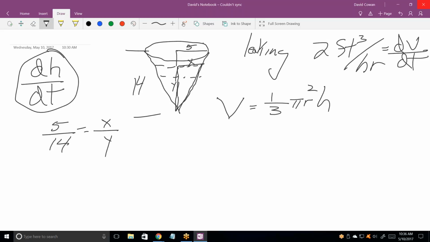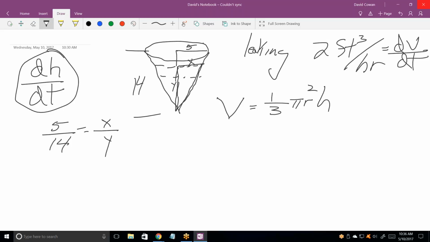The height's going to be 6. So then I need to find x. Oh, right, you just came up with it.